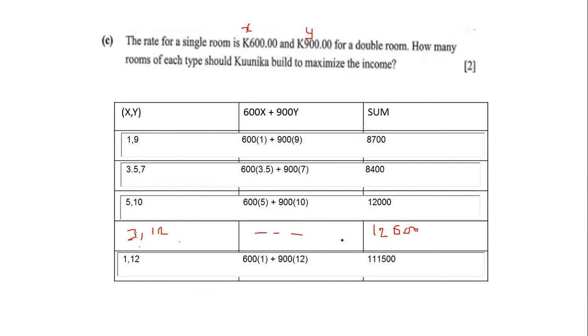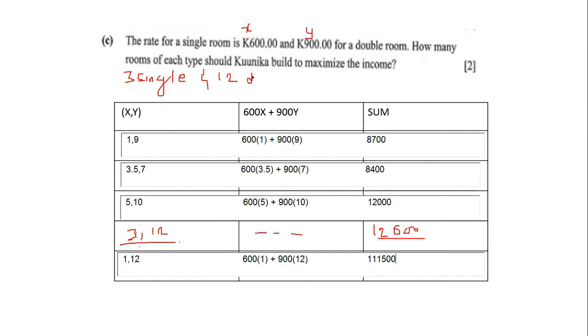that is where you are supposed to conclude. Therefore, because the question is asking how many rooms of each type should Mr. Kunika build to maximize the income, since these are the coordinates that have given you the maximum amount, you are going to conclude that Mr. Kunika needs to make 3 single rooms and 12 double rooms.